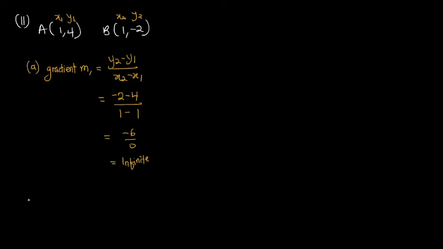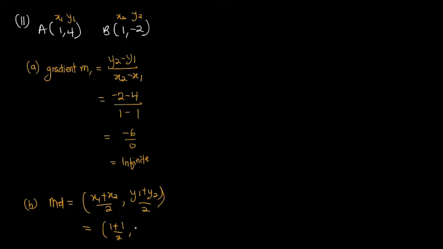Alright, let's look at B, the midpoint of the points A and B. So the midpoint MD is equal to x1 plus x2 on 2, comma, y1 plus y2 on 2. So that will be equal to x1 is 1 over here, 1, plus x2 is also 1, on 2.